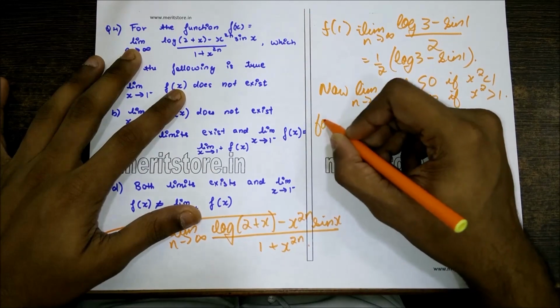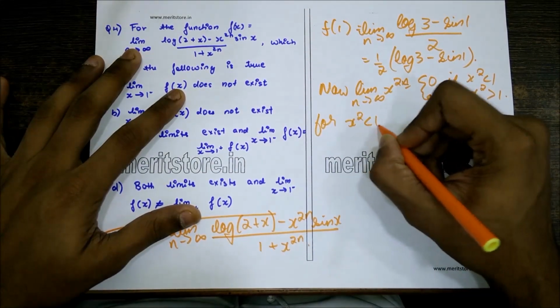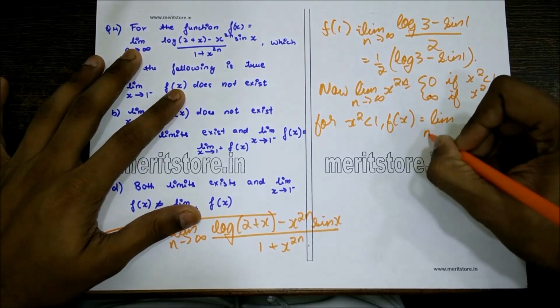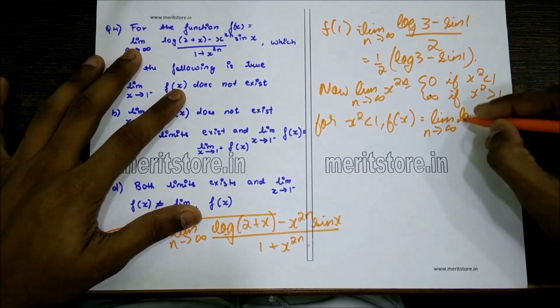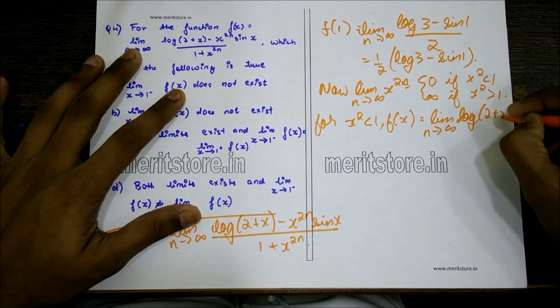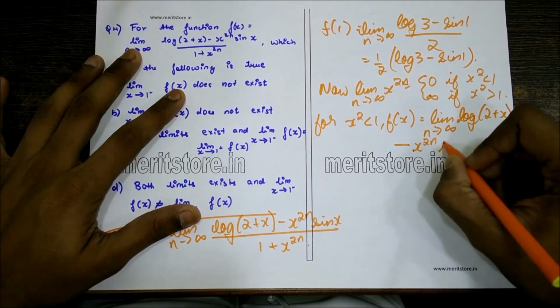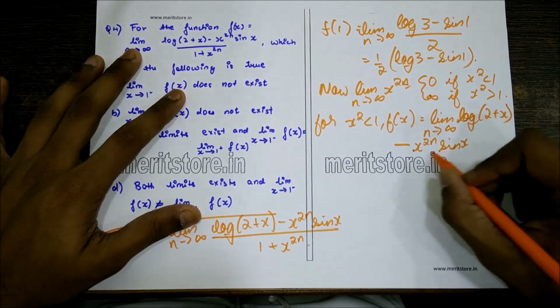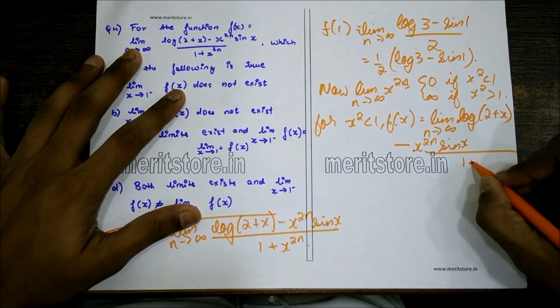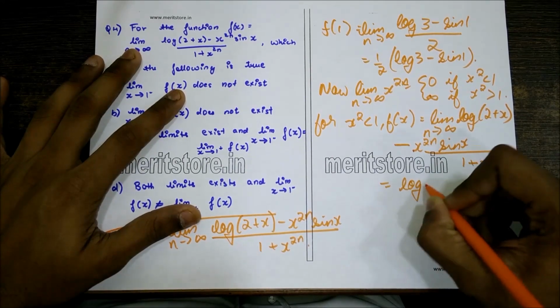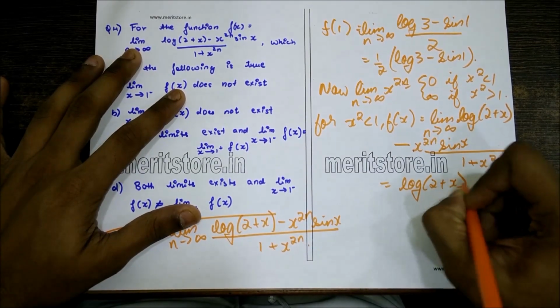So now for x square less than 1, f of x is equal to limit of n tends to infinity log of 2 plus x minus x raised to 2n sin x upon 1 plus x raised to 2n, that is equal to log of 2 plus x.